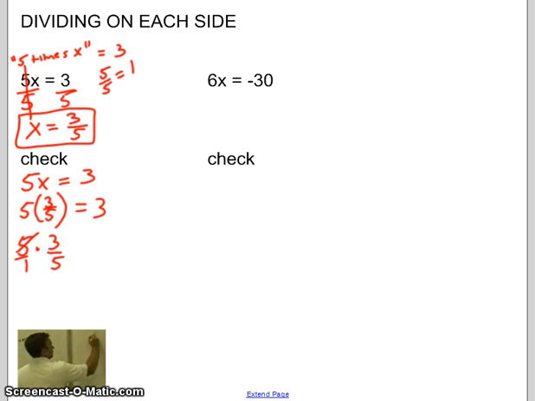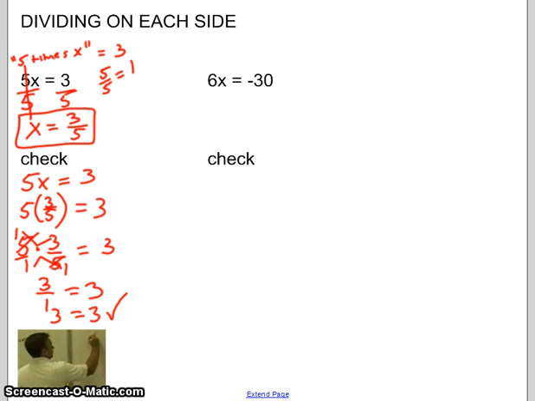Remember, cross canceling. 5 goes into itself one time, and that should equal 3. So we have 1 times 3, 1 times 1. 3 over 1 equals 3. Yeah, 3 divided by 1 is 3. 3 equals 3.